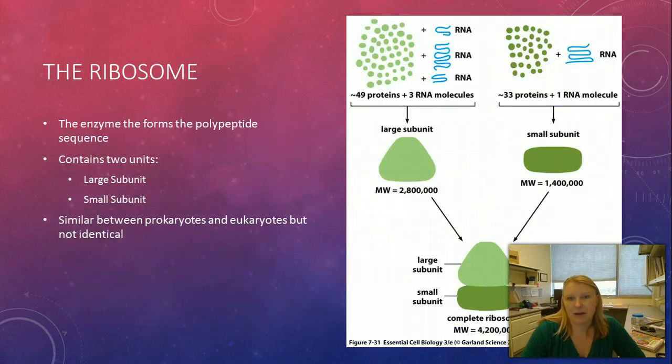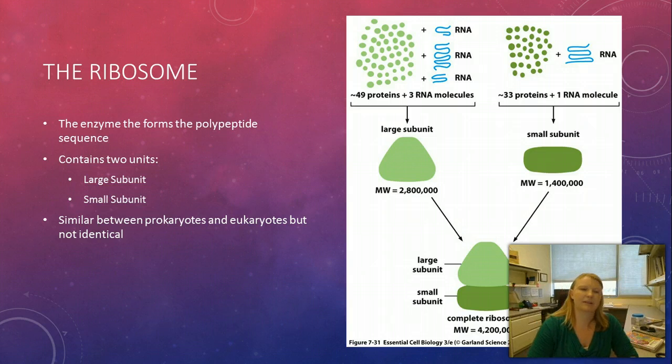So let's talk about that ribosome now and the rRNA. Remember, the ribosome is a combination of proteins and RNA, making it a ribozyme. So it's still an enzyme, but it has RNA catalytic sites. Remember, it has those 3 catalytic sites, and we'll look at those in just a second. So prokaryotes and eukaryotes have 2 different types of ribosomes. The eukaryotic ribosome is 80S, which means that it's a larger enzyme than the prokaryotic, which is the 70S.